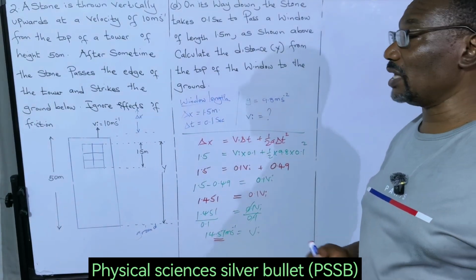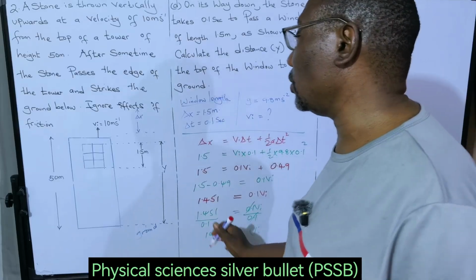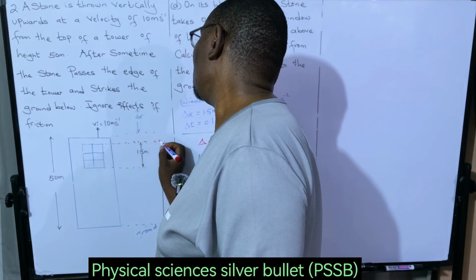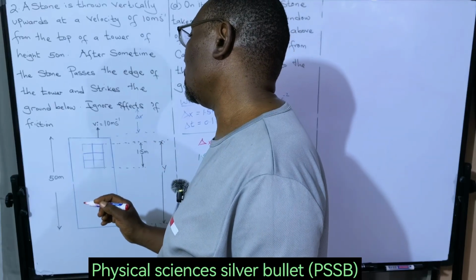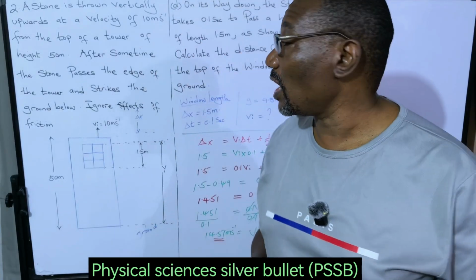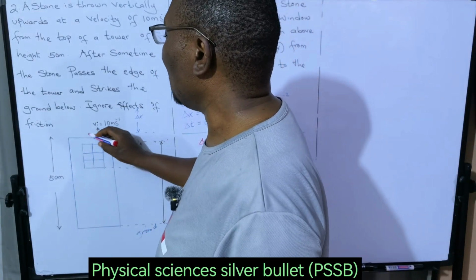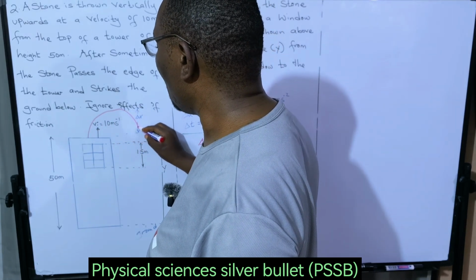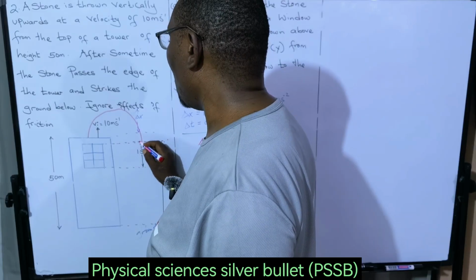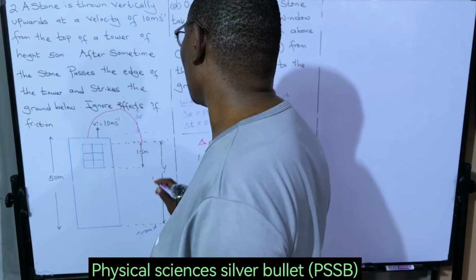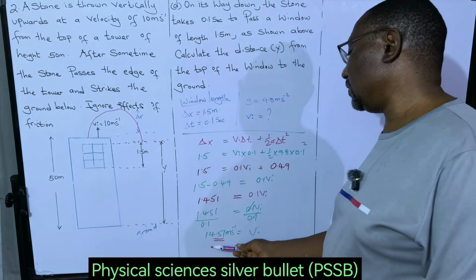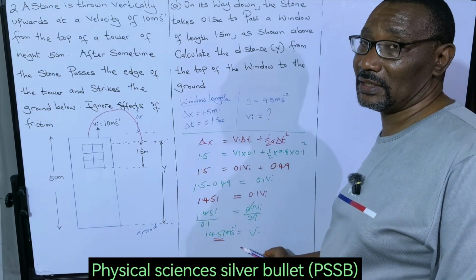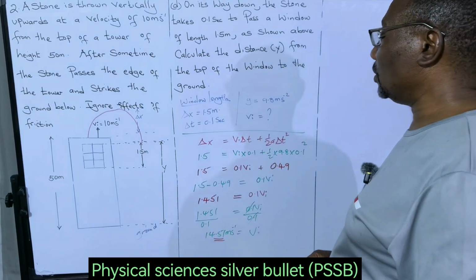But you need to know that the initial velocity we have just obtained is the velocity at the level of the window, at the top of the window. So this is what you have to imagine: when the stone was projected, it went up and passed here. As it was passing here, the top of the window, its velocity is 14.51 meters per second.